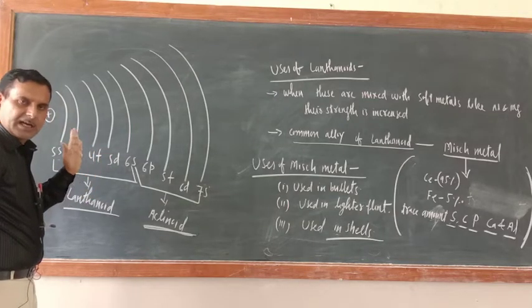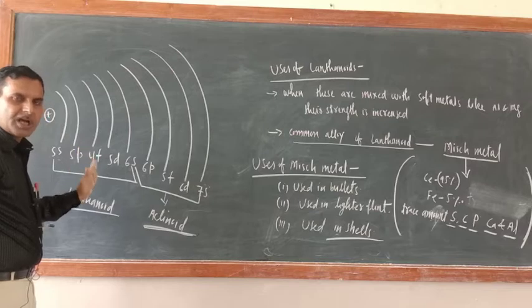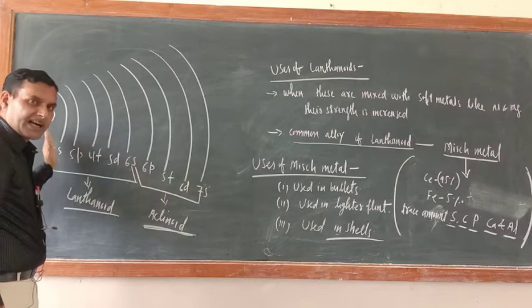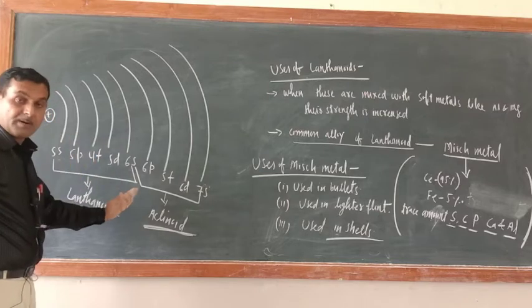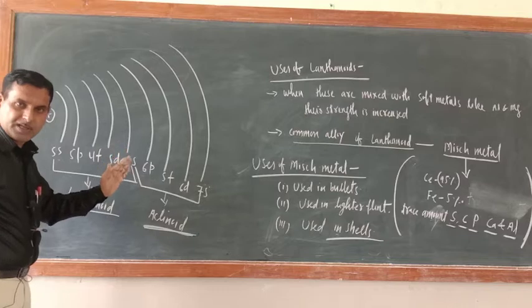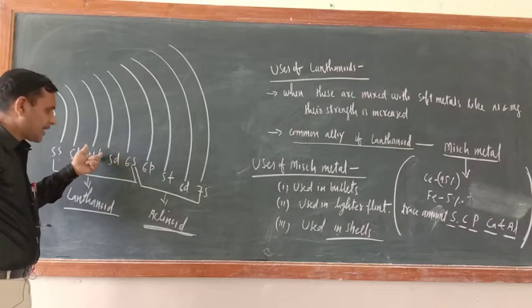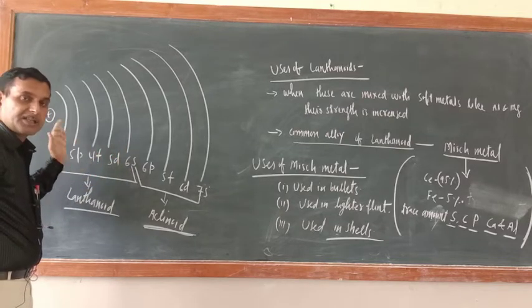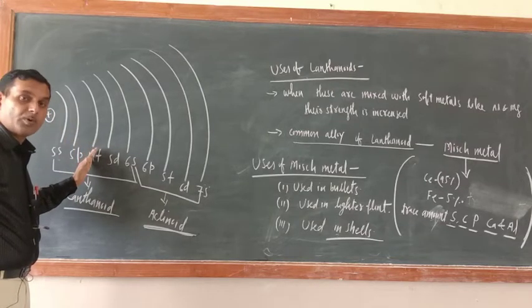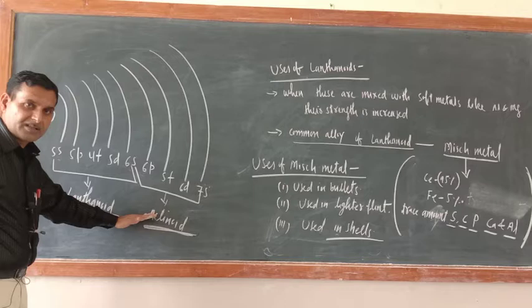The lanthanide subshells are penetrated toward the nucleus, meaning they are attracted toward the nucleus. But the actinoid subshells are away from the nucleus. So the lanthanide electrons are attracted toward the nucleus, and their ionization enthalpy will be more as compared to the actinoids.